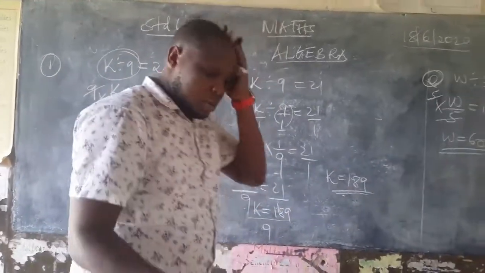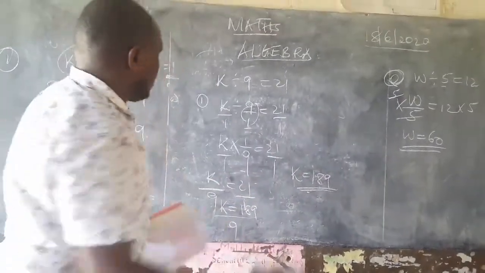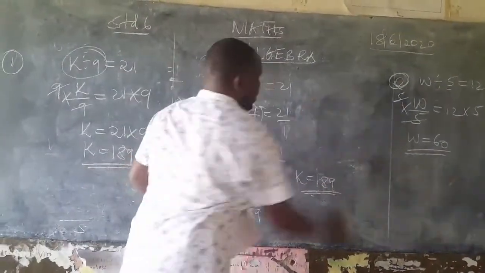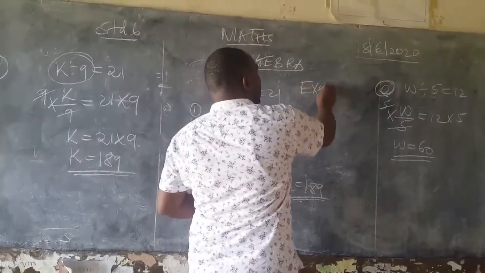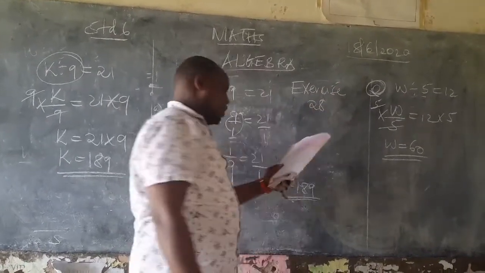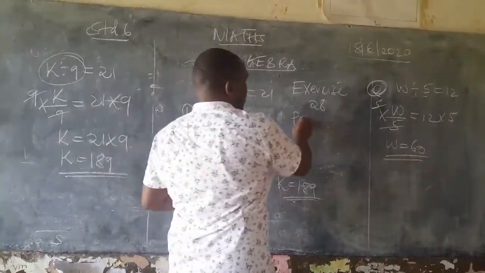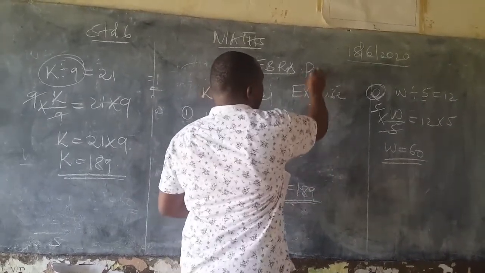So without wasting a lot of time, I want you to try an exercise. Let me write it here: exercise 28. Exercise 28, that is on page 38 of the Primary Maths. This is Primary Maths.